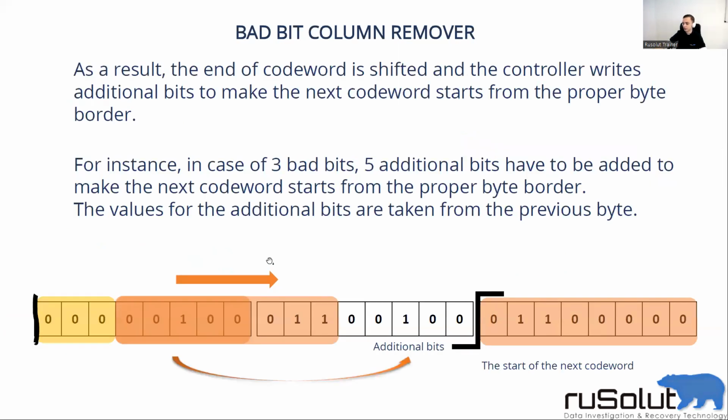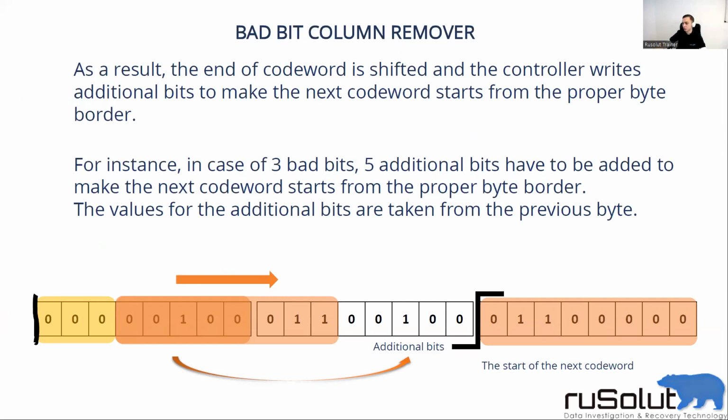Okay, but that's not the whole problem, because when we were working with bad bytes, we were just excluding them from usage, and then just writing additional FF bytes to the end of the page.